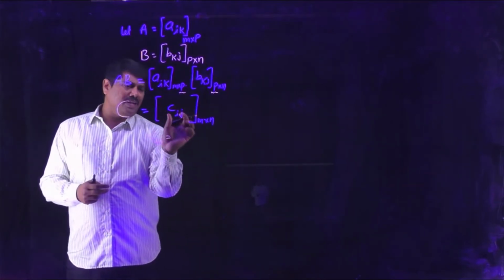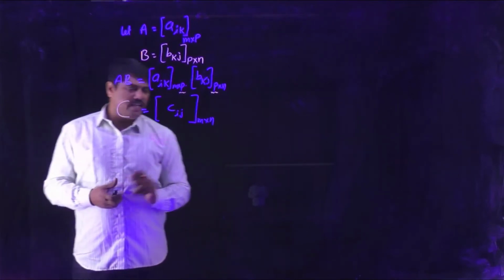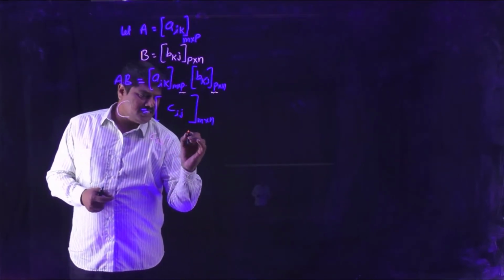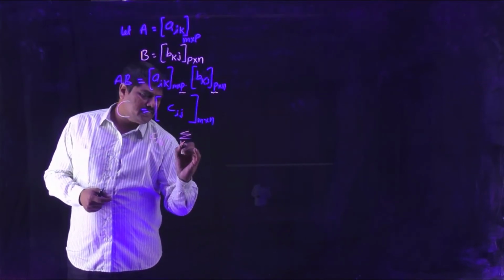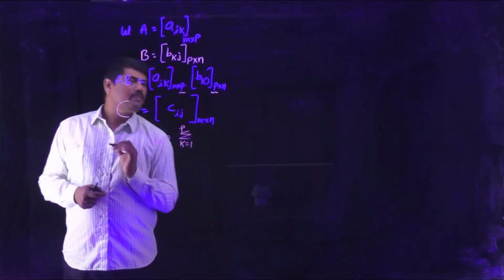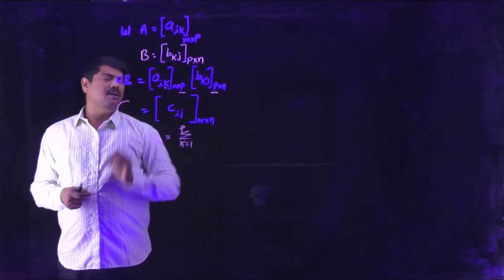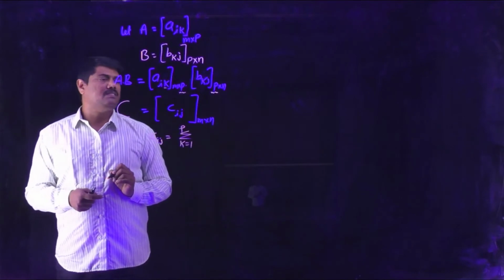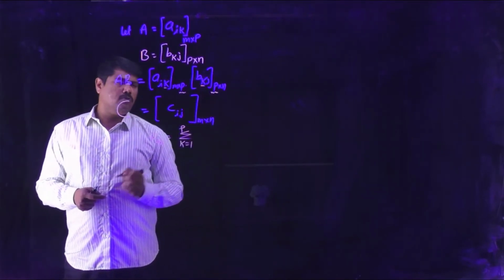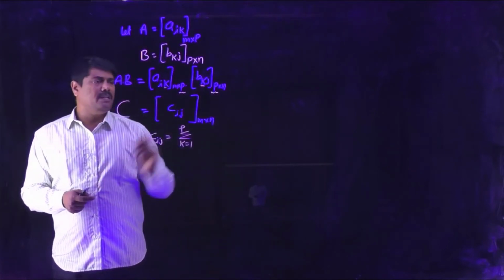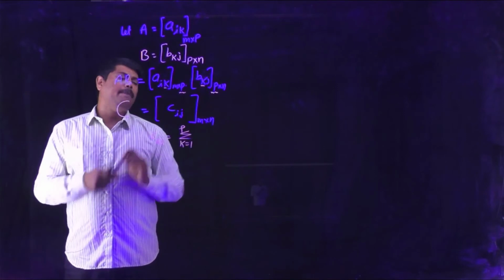So what are the elements of the new obtained matrix? Here c_ij is equal to the sum over k from 1 to p. Why? Because here k indicates columns of A and the maximum columns of the matrix is p. Here also, k indicates rows of B, and the maximum rows possible in B is also p. That's why k varies from 1 to p.